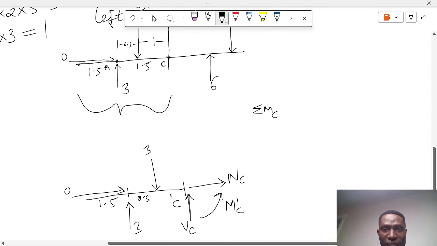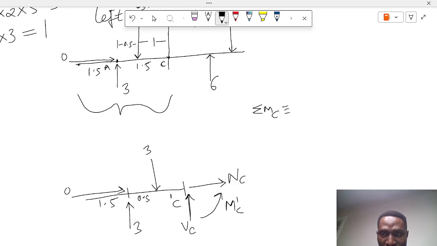Taking the bending moment about point C, the first one we'll use is the moment at C, which we have indicated as counterclockwise, so it is positive. So you have M prime C. The next moment, from the left side of C, is 3, and that is going counterclockwise, so we say plus 3 bracket 1, that is the distance.